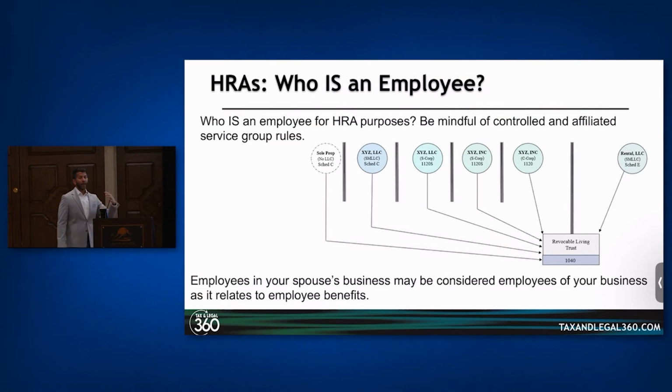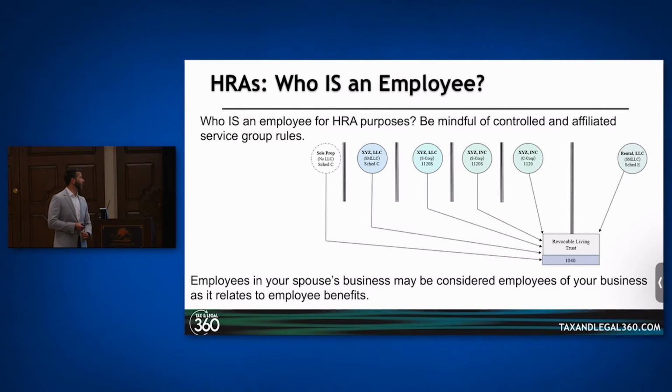So in my example, where I'm the sole proprietor and I am employing my wife, and she's going to be a W-2 employee, I also need to be cognizant of what if my wife had her own business and my wife hired employees in her business? Are those employees now my employees? Well, unfortunately, they are. You have to be mindful of what these controlled and affiliated service group rules are.